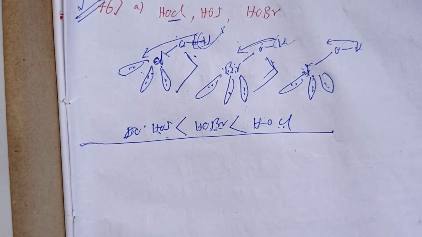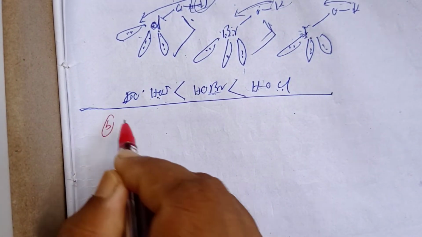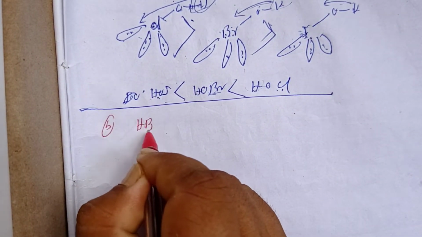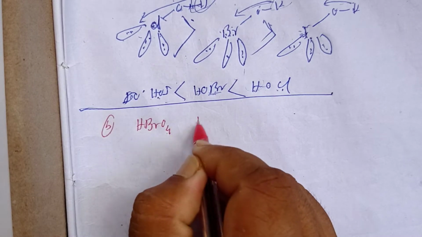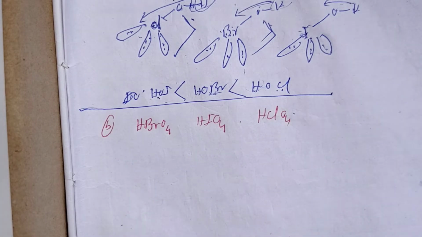Now question number 76B. Here we are given HBrO4, HIO4, HClO4.